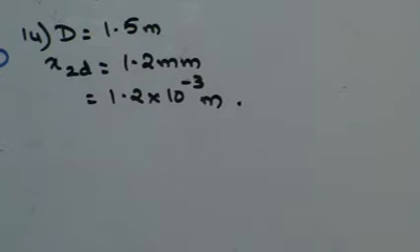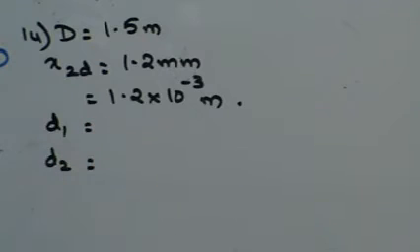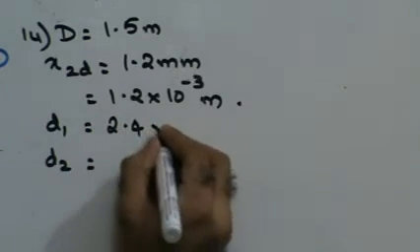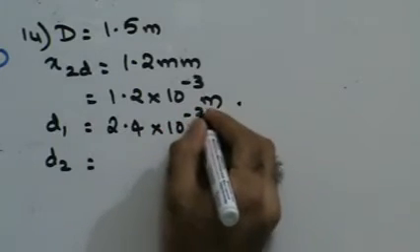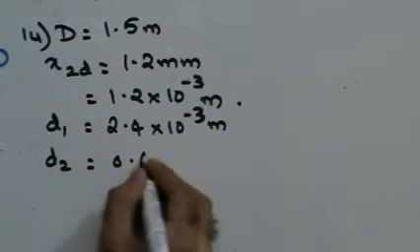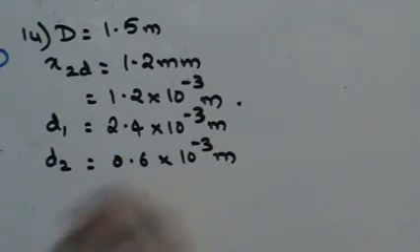The sizes of the magnified and diminished images are 2.4 millimeters and 0.6 millimeters. Find the wavelength of light used.